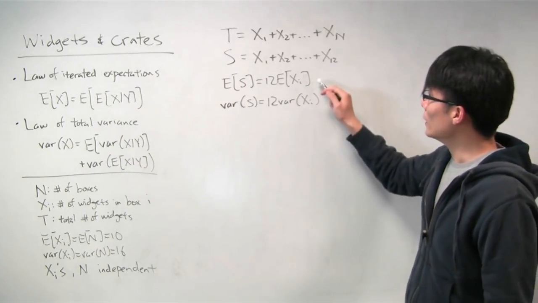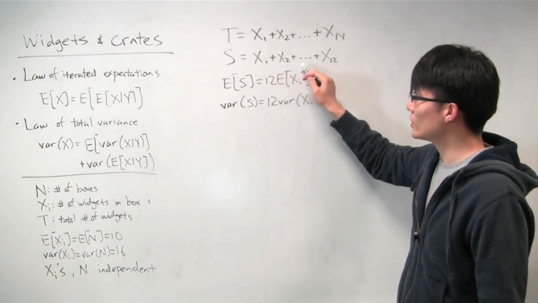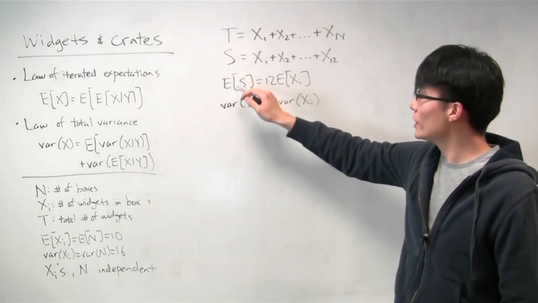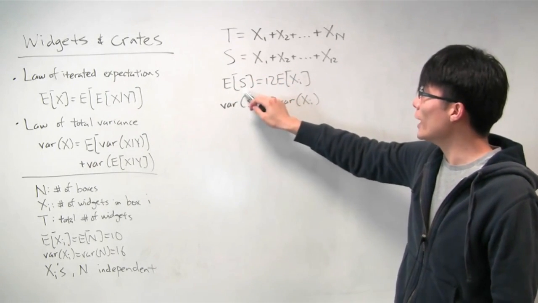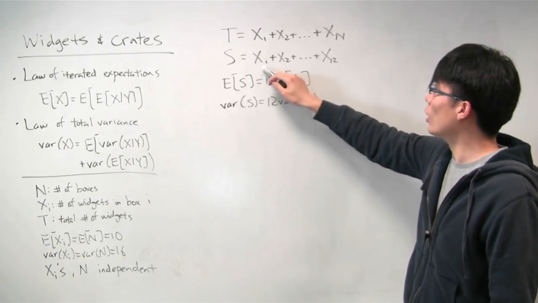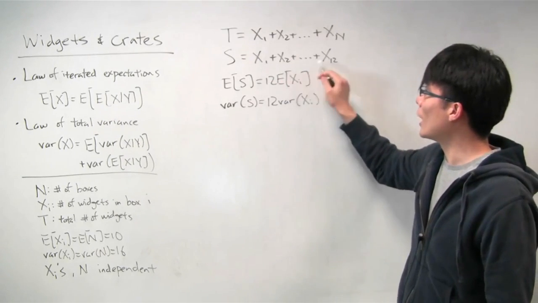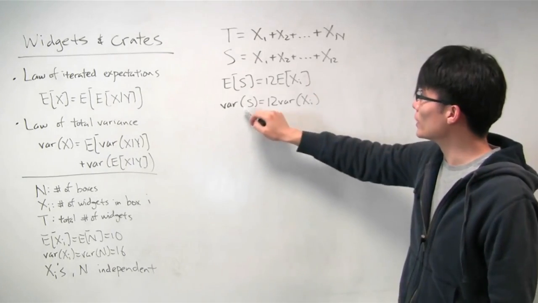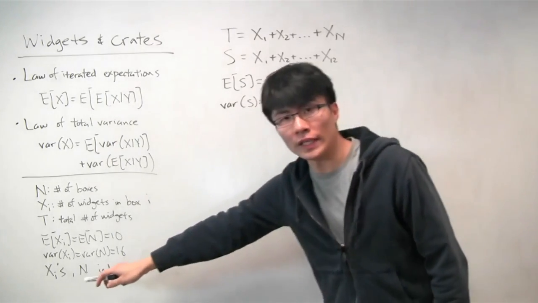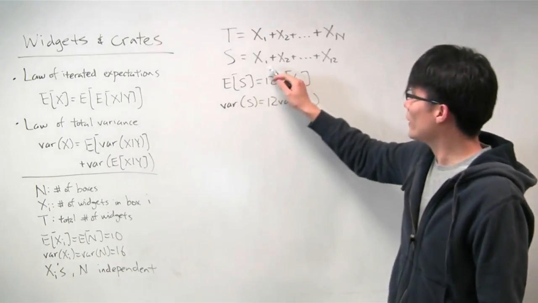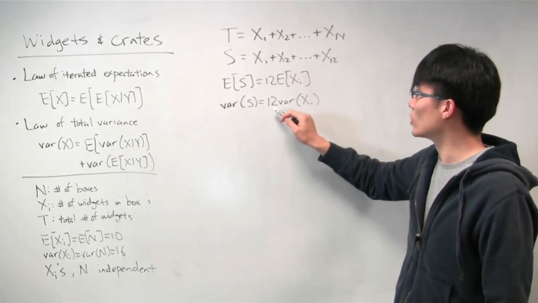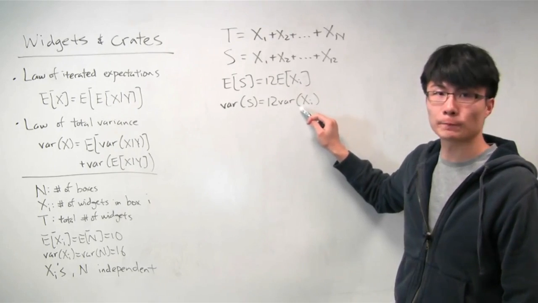Because each of these Xi's are independent and have the same expectation, by linearity of expectations, the expectation of S is just 12 copies of the expectation of Xi. And similarly, because all the Xi's are independent, for the variance of S, we can just add the variances of each of these terms. Again, there are 12 copies of the variance of Xi.